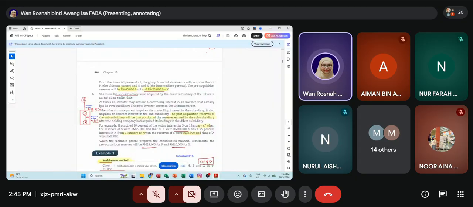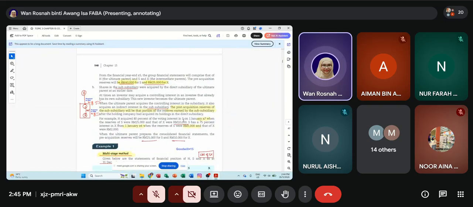Okay, so that means the post-acquisition reserve of SS will be the portions for the holding company, right? So let's look at the example here. H acquired 80% of voting interest in S on 1st January X7 when the reserves of S were 25,000.